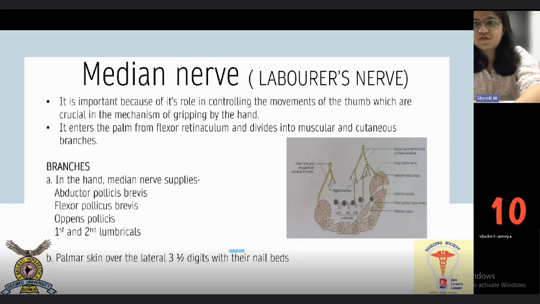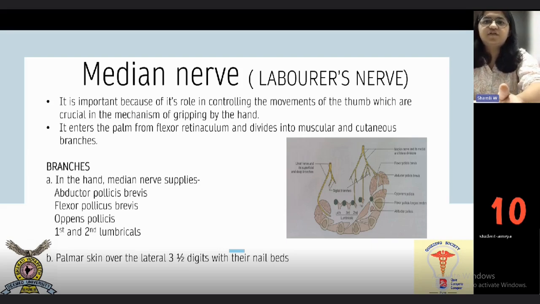So we will see the importance of the median nerve. It basically originates from the brachial plexus and passes through the axilla and the medial part of the arm, and then enters the palm through the flexor retinaculum, as we have seen. The lateral division gives off the muscular and the cutaneous branch.